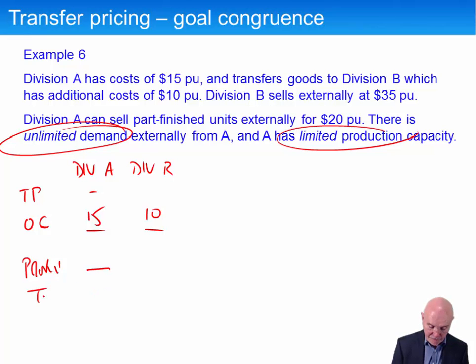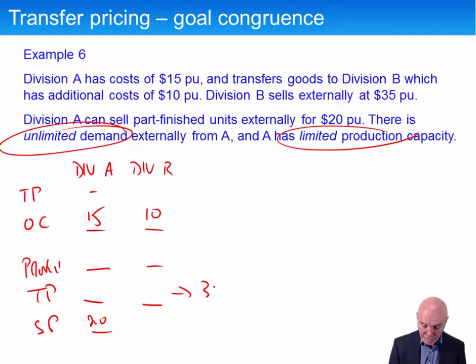We can have the transfer price there, or again a selling price going on here. A can sell externally at 20, and the external one here is going to be 35. Let's say that we set the transfer price at 18 again.